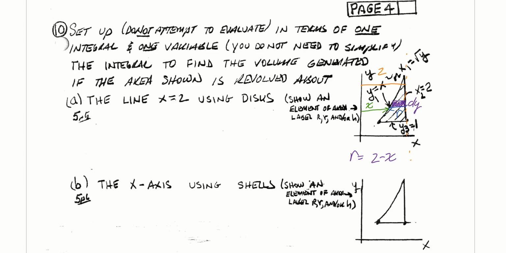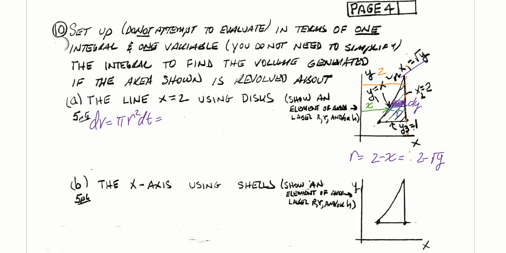Which means in our case, dV is going to equal pi r squared dy, and we need to get this r in terms of y. They're just saying x is equal to the square root of y, or y is equal to x squared. So that means r is going to equal 2 minus the square root of y.